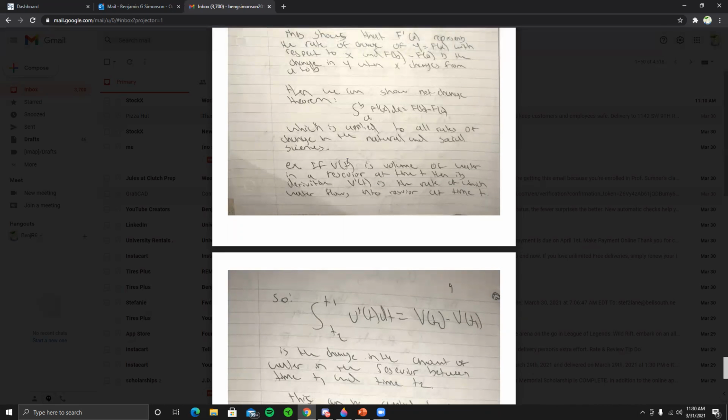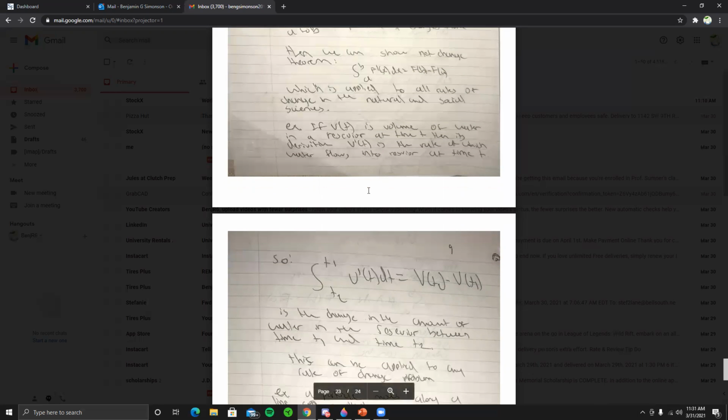So here, if we have an example, if V of t is the volume of water in a reservoir at time t, then its derivative, V prime of t, is the rate of change, the rate at which water flows into the reservoir at time t.